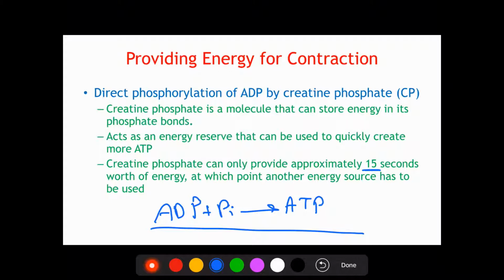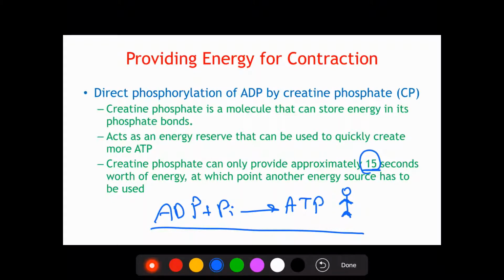And after these 15 seconds, another mechanism has to kick in. Think of it like if I have to start running suddenly. Usually the muscles are going to use this mechanism to provide the initial energy. Like, say, I'm going to run away from a danger.